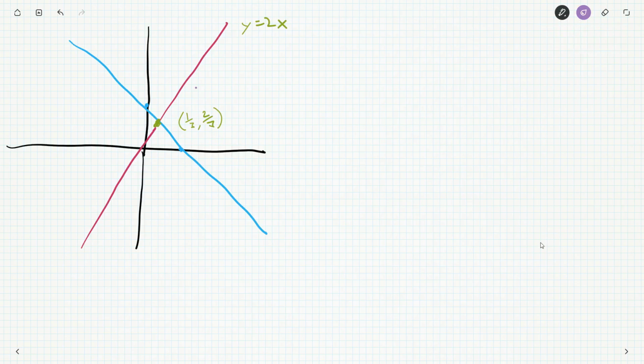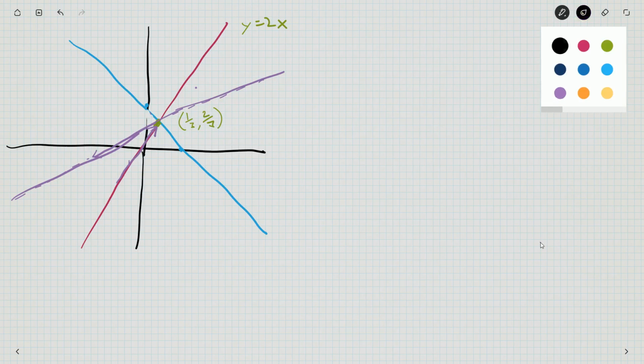Well, if we imagine the blue line sort of as a mirror, and our red line or our magenta line is coming in here, we imagine it's a ray of light. It's going to hit the intersection point and bounce off. Same thing with the red light ray coming this way, it's going to bounce off. And we're going to get this nice purple line that is the reflection.